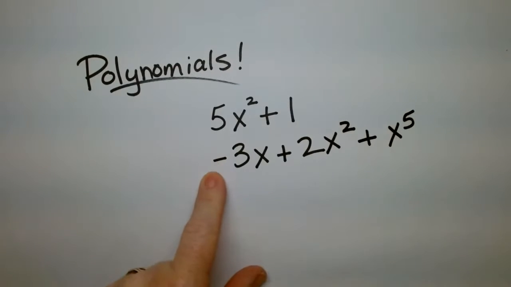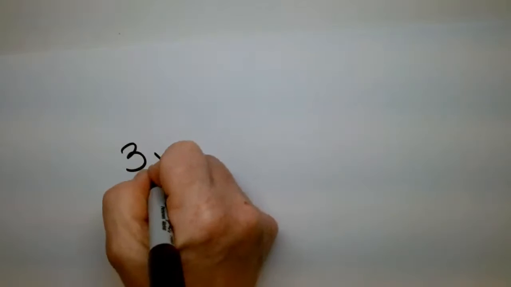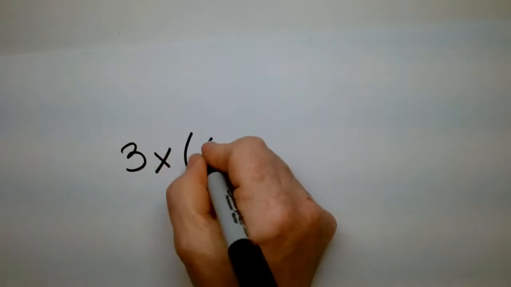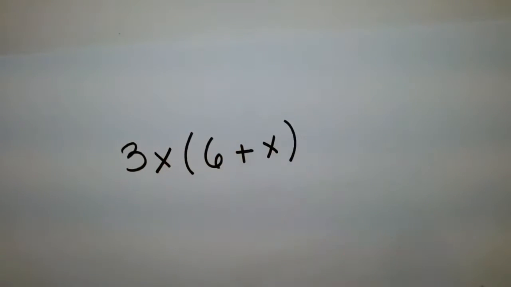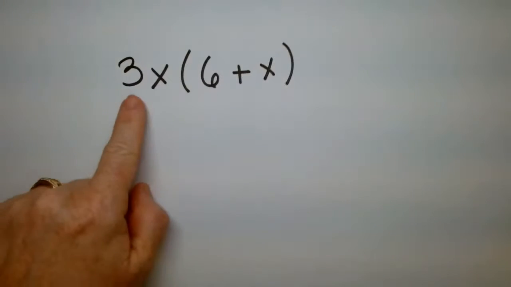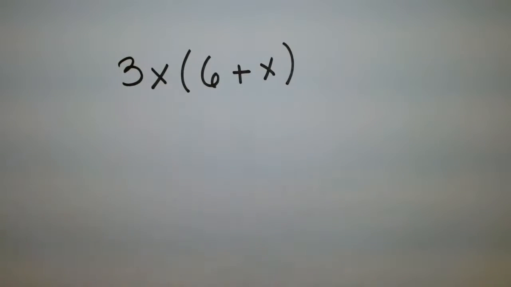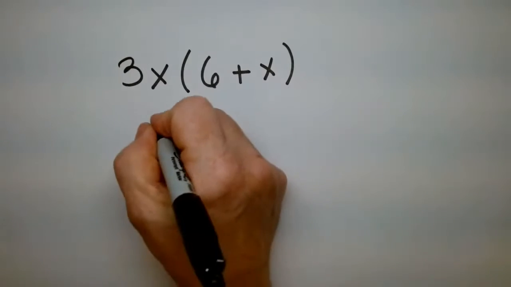These are both polynomials. Okay, so if I were to say 3x times 6 plus x, remember x is a number we don't know, what would you do? You're going to take the 3x and multiply it by a 6. So 3 times 6 is, any ideas? What is 3 times 6? Okay, 3 times 6 is 18, good.